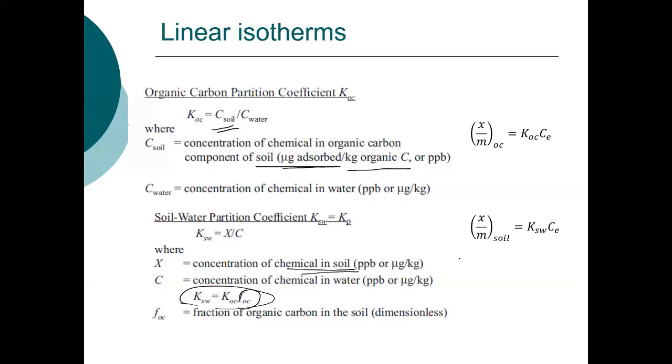We also talk about octanol water partition coefficients. And here you're looking at what we refer to as KOWs, and these are the concentration of your contaminant in octanol divided by the concentration in water.